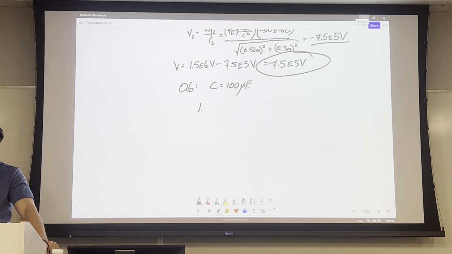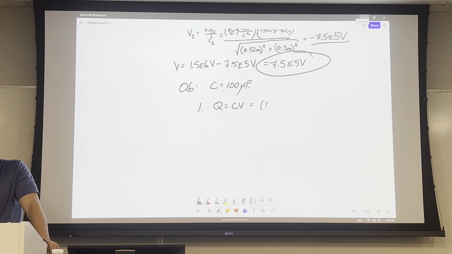The first one, what would the total charge of the capacitor be if a 9-volt battery was applied to the capacitor? So Q is equal to CV, meaning it is 100 times 10 to the negative 5th farad times 9 volts, which is equal to 9 times 10 to the negative 4th coulombs.